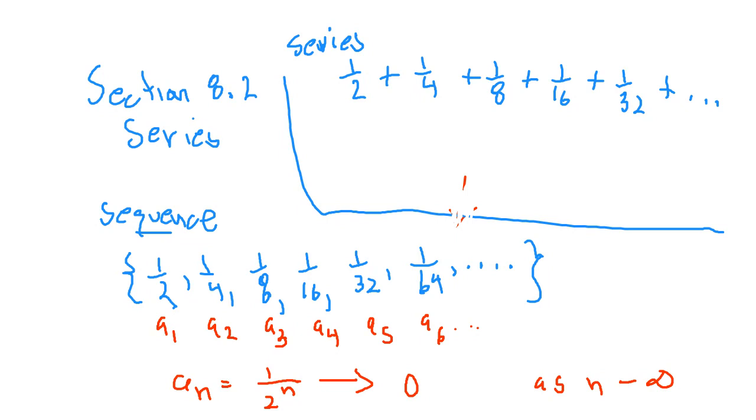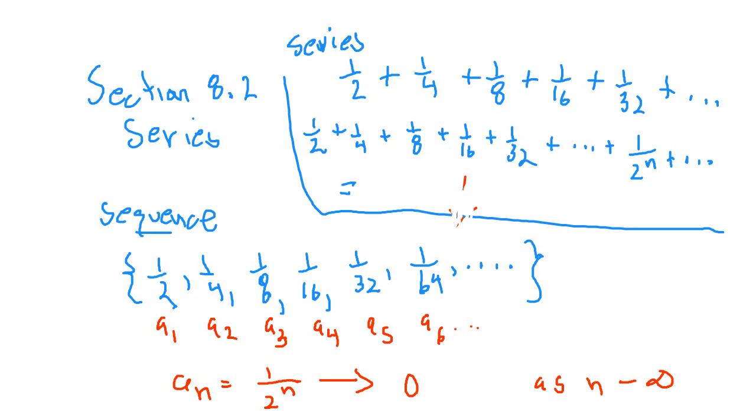okay, so the way the book has this actually is if we can write it a little bit differently here. We can have a half plus a fourth plus an eighth plus a 16th plus a 32nd plus dot dot dot plus 1 over 2 to the nth power plus dot dot dot. That's another way to write the series.